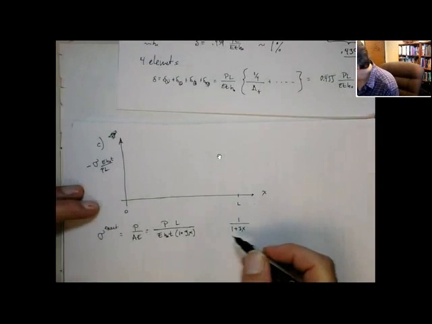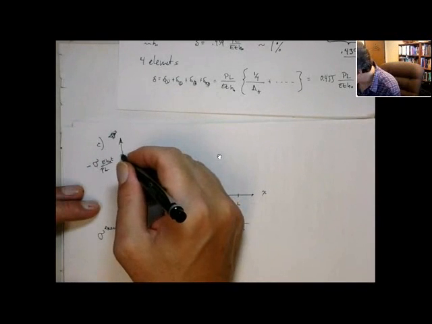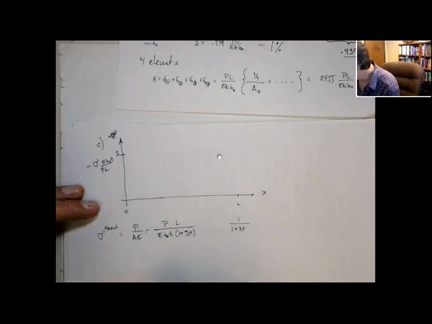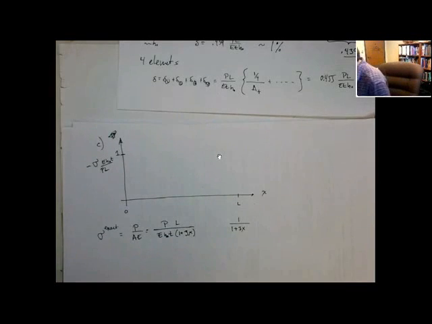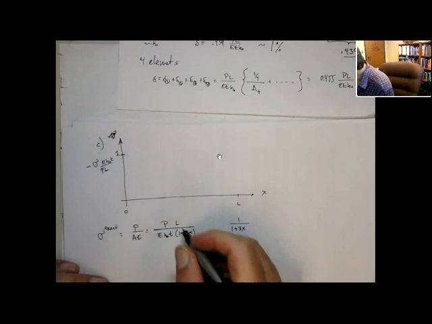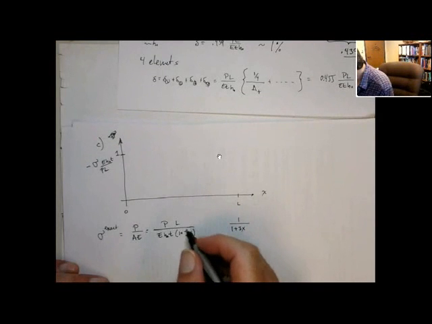All right, so at x equal to 0, this has a value of 1. Oh, you know what? And then we should normalize the x too. So x goes to L. You know what? Yeah, it's probably better. Let's keep the L underneath.